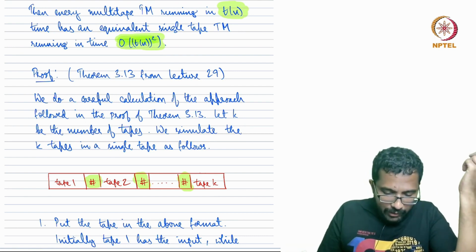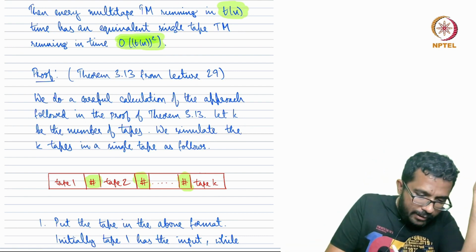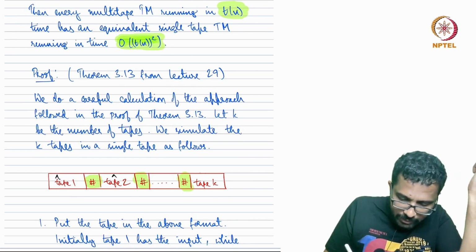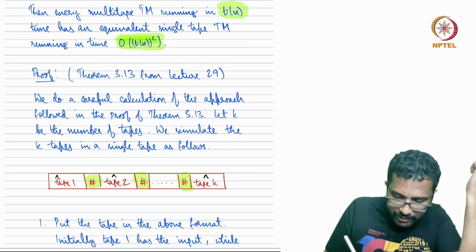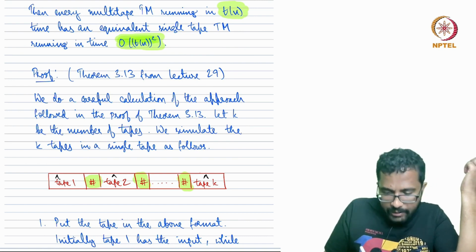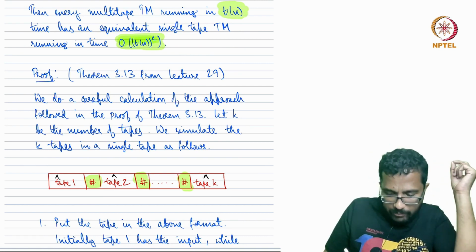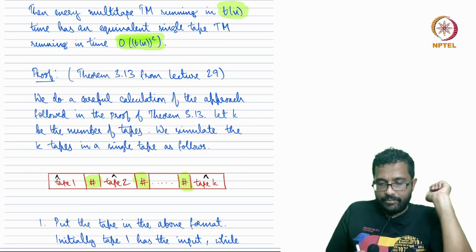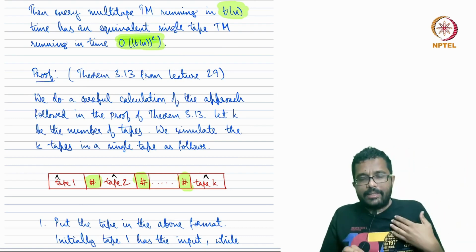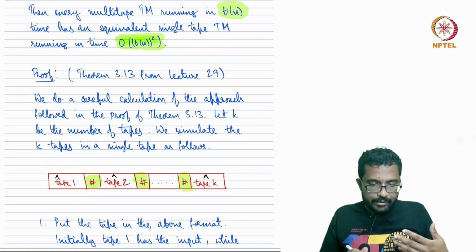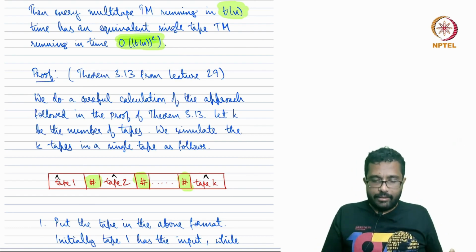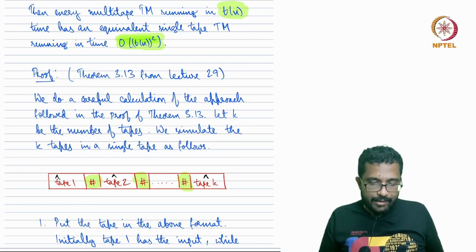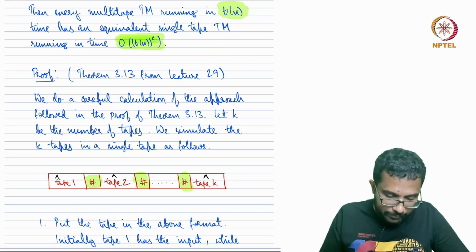We also have a marker for the heads, with some special symbols. Every virtual tape will contain one place where this marker is, which indicates where the head is in the multi-tape machine. I'm not getting into the details; if you forgot the full proof, you can refer back to lecture 29, where we explain this in detail.